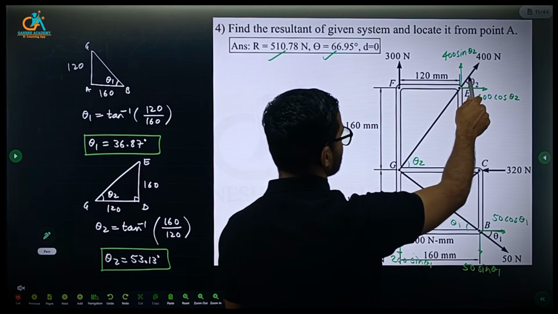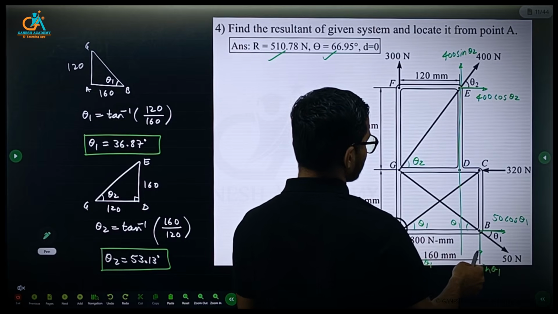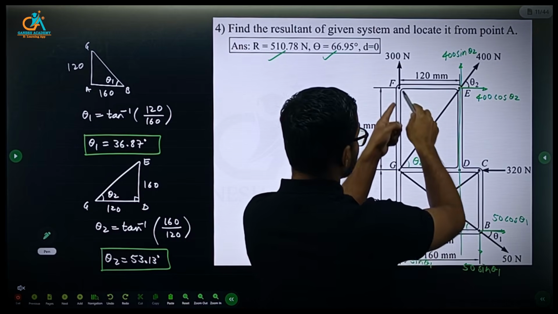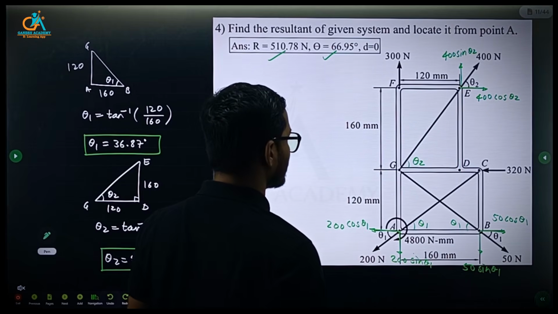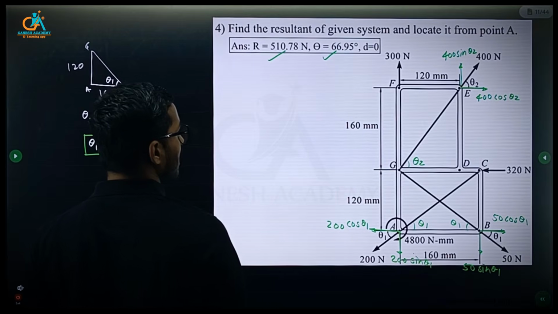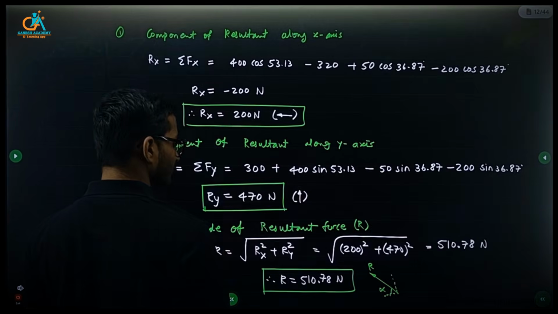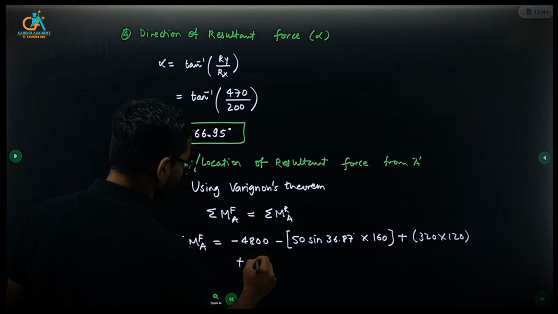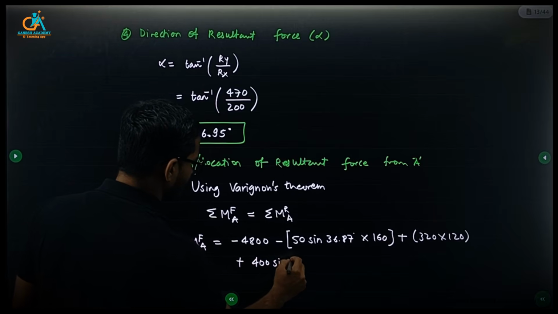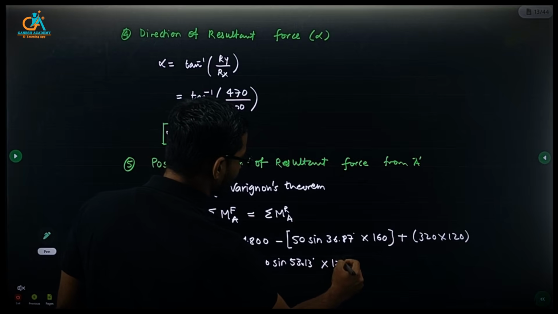Then these two forces. The line of action of this 400 sine theta 2 is like this, at perpendicular distance 120. It tends to produce anti-clockwise rotation. So 400 sine theta 2 into 120, where theta 2 is 53.13.